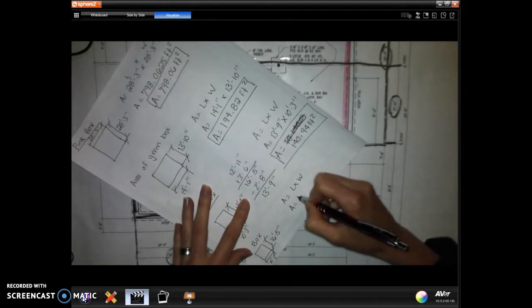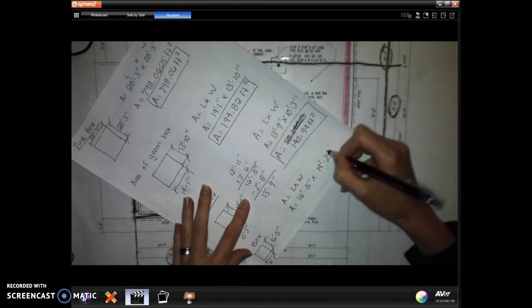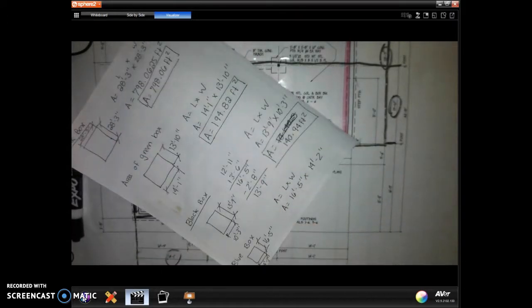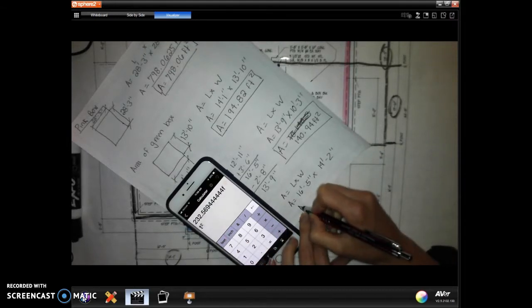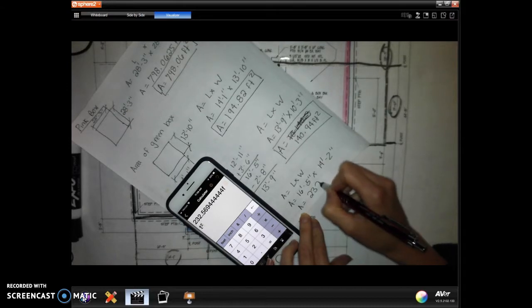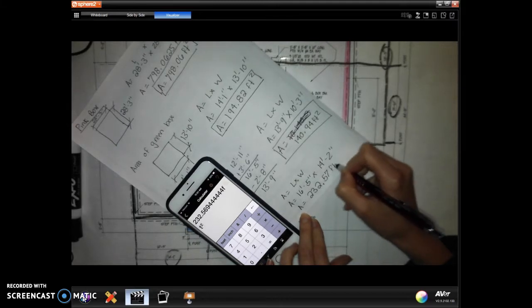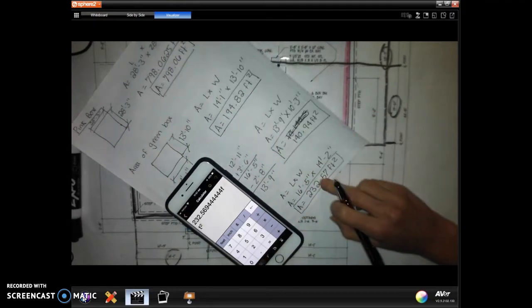So area is equal to 16 feet 5 inches times 14 feet 2 inches, and it's going to be equal to 232.57 feet squared. And then lastly, we're going to add all our areas up to get our total area.